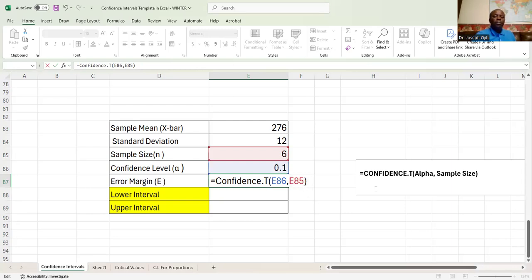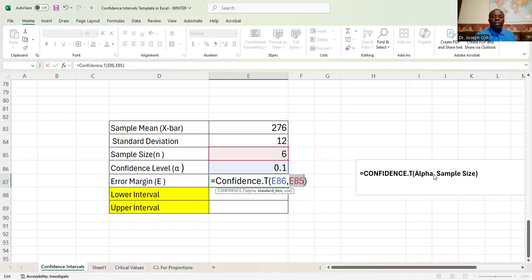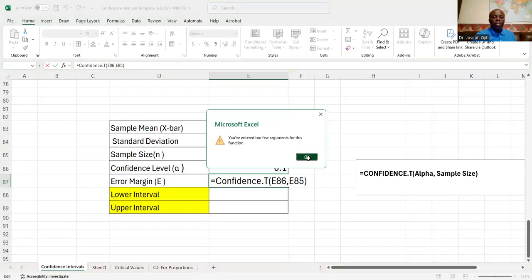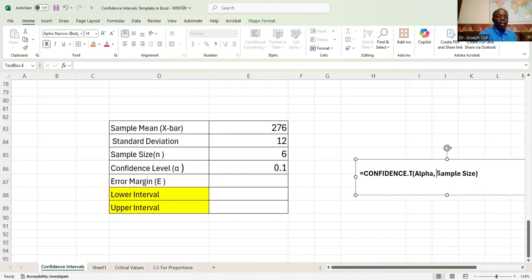That's what happened. So I'm going to put standard deviation right here. Standard deviation S, comma. Now let's do it.